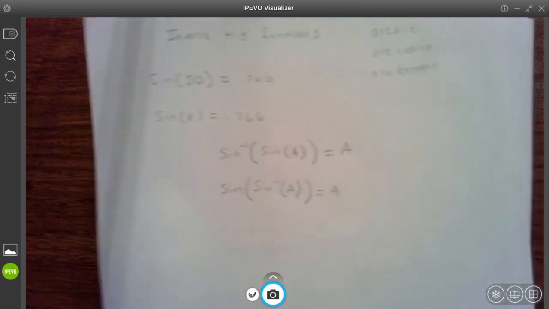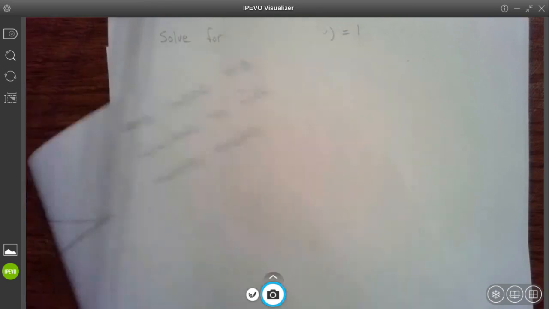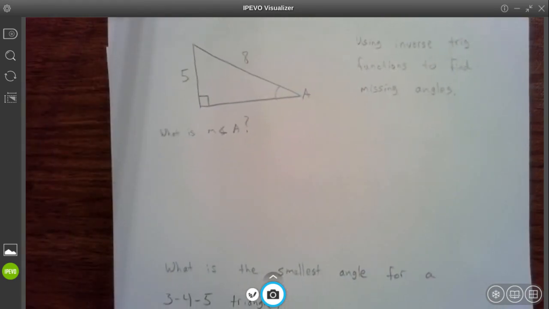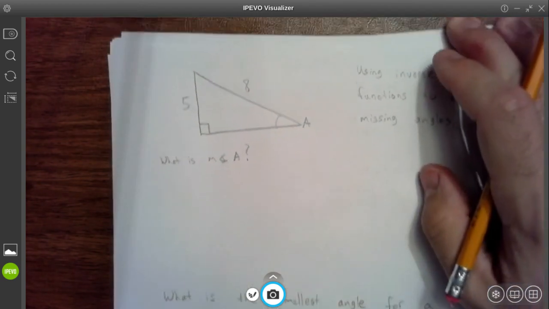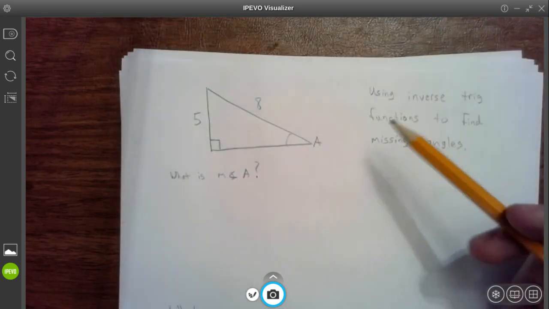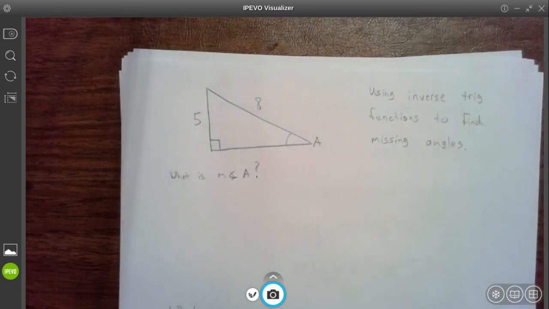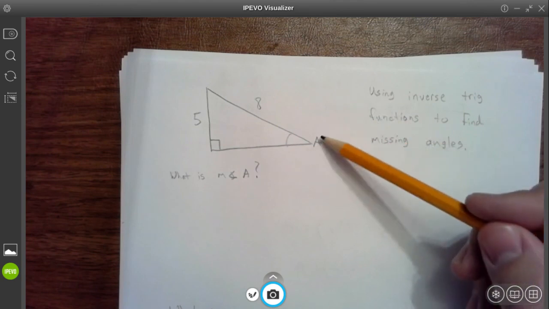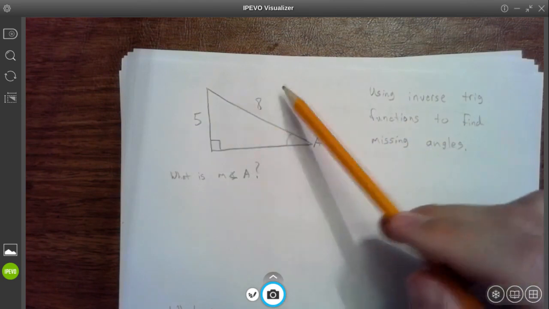What they typically get used for is situations like this. We're going to use an inverse trig function to solve for a missing angle here. The first thing we do is set up a trig expression that relates this angle to our known sides.